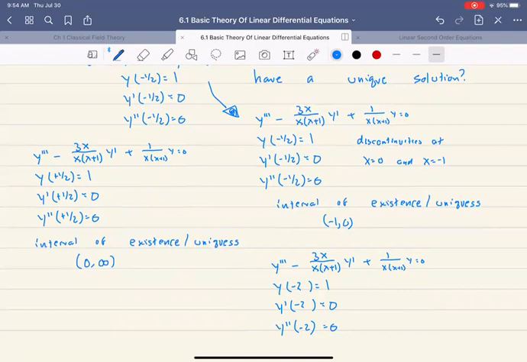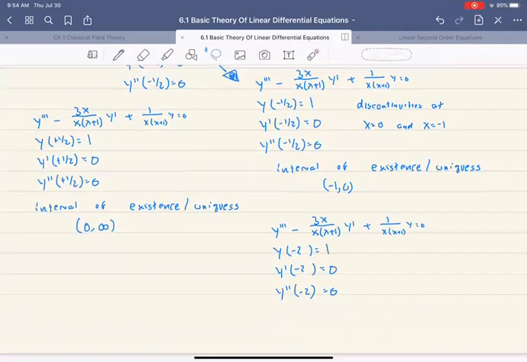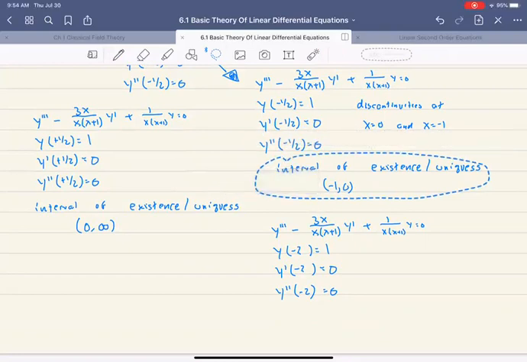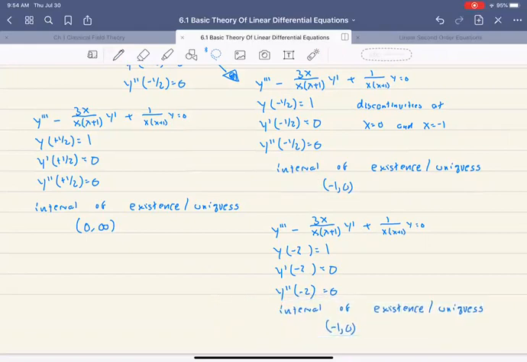But at negative 2, we can have initial conditions that make sense. Our interval of existence here is going to be the interval that contains negative 2. So that's going to be from negative infinity to negative 1.